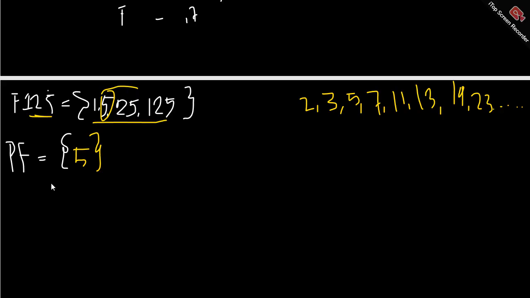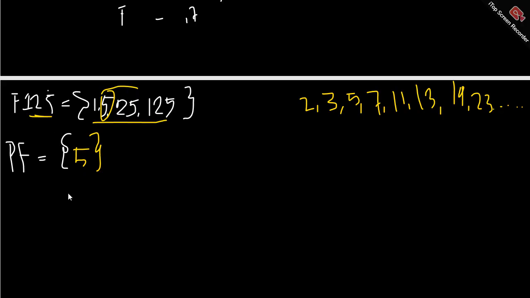So we have looked for the prime factor of 125. Now the question says that we should express 125 as a product of its primes. We should take this prime number and multiply it in such a way that the result will give us 125. So since the only prime factor there is 5, it means that we have to multiply 5 a certain number of times that will give us 125.